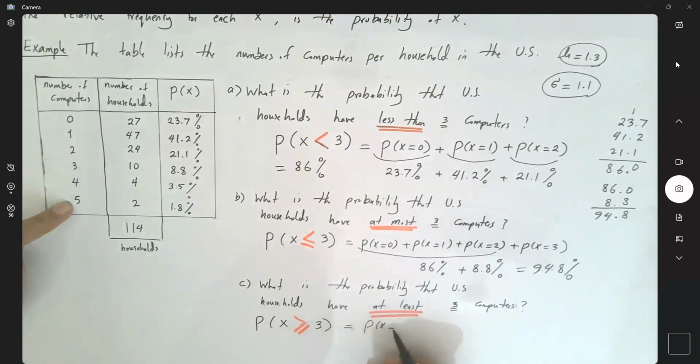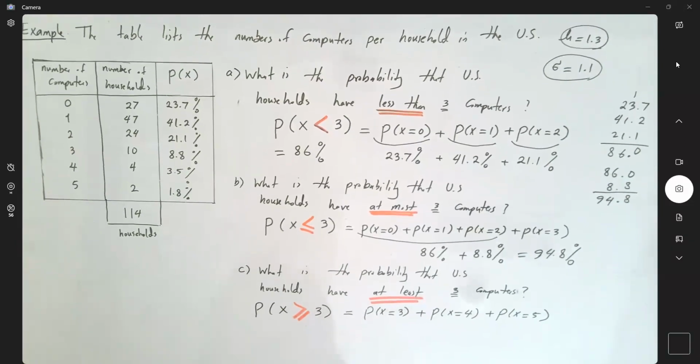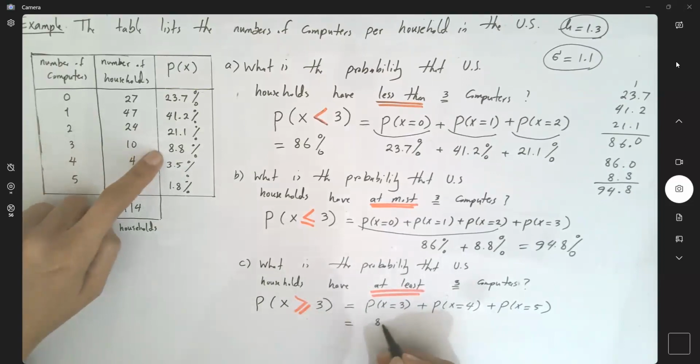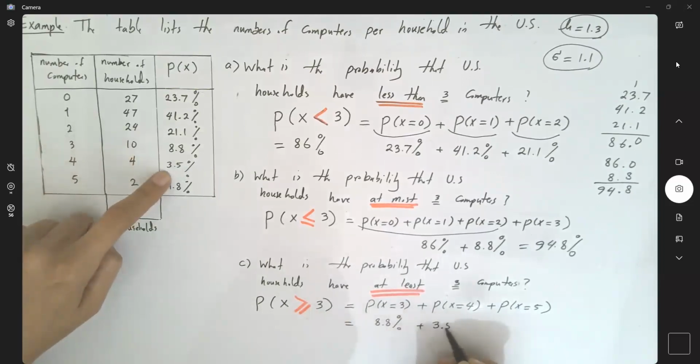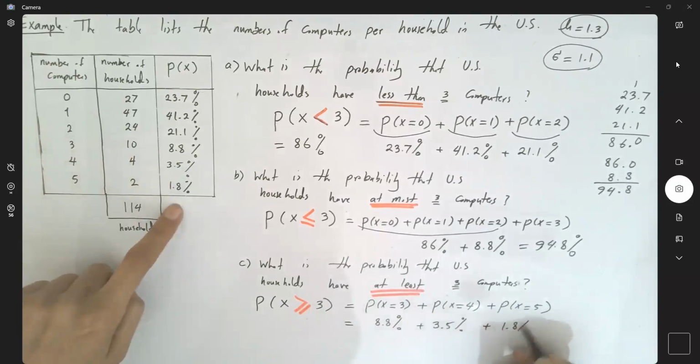We're finding the probability that X is 3, add that to the probability that X is 4, add that to the probability that X is 5. So we need to do the computation here a little bit. Let me move this up so I have enough space. The probability that X is 3 is 8.8%. The probability X is 4, 3.5%. The probability that X is 5, 1.8%.